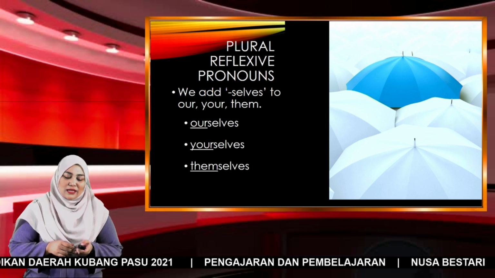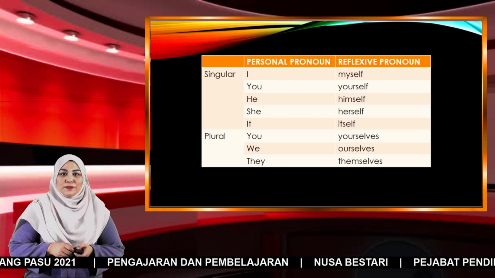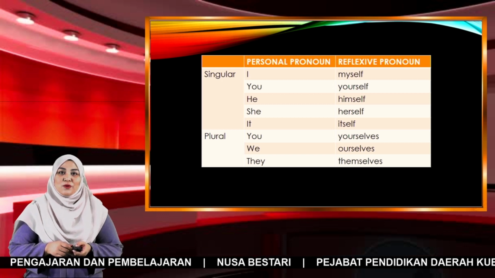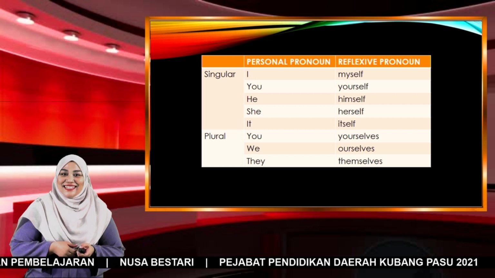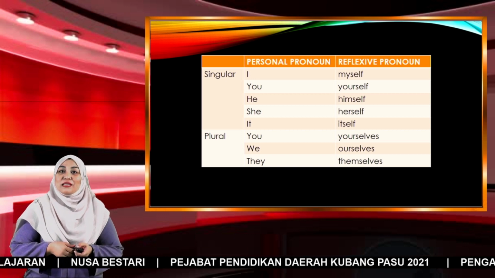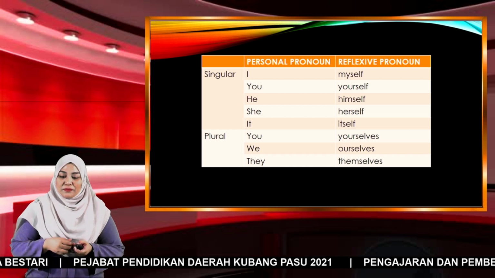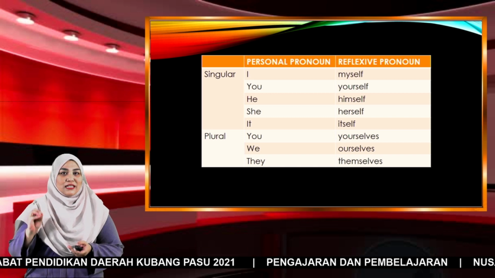Next, let's take a look at the uses of reflexive pronouns. But before that, let's take a look at this table. This table is very important for you to remember which reflexive pronouns match the personal pronouns.